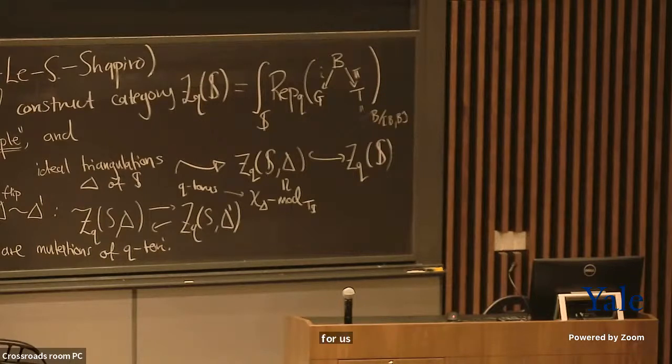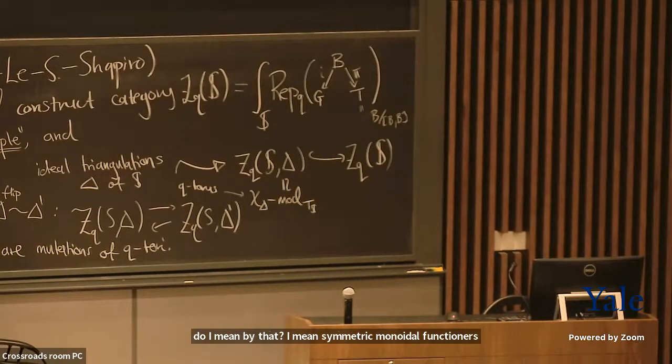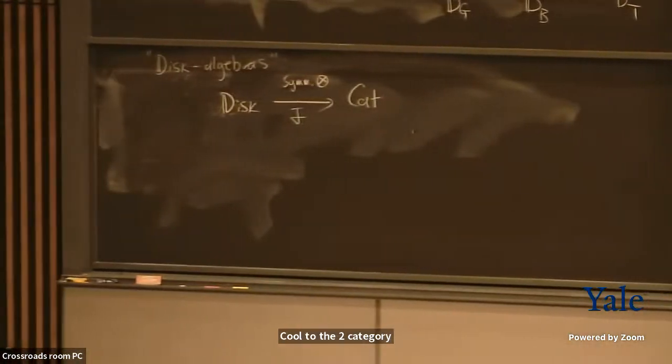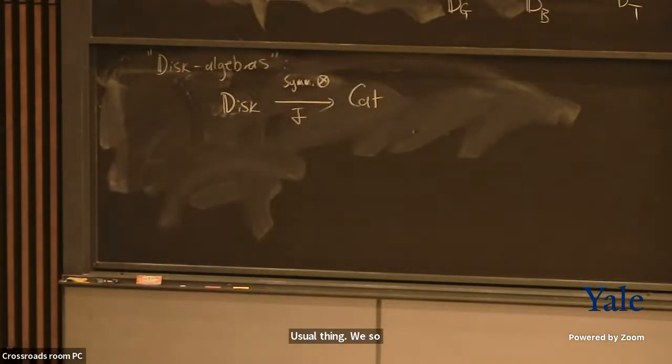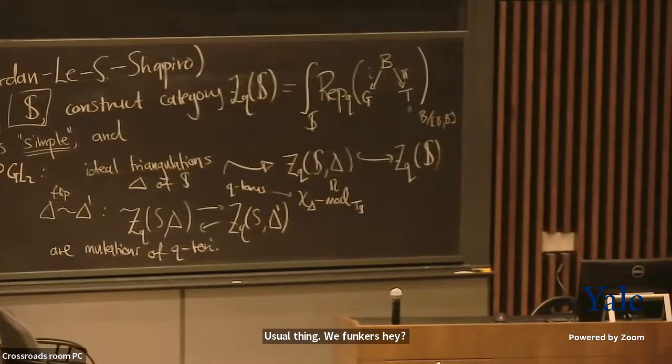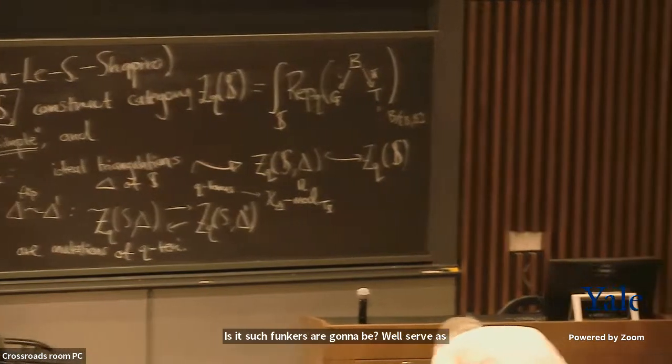I mean symmetric monoidal functors from this disk category, let's call this functor F, to the two-category of k-linear categories. The usual thing: functors as one-morphisms, natural transformations as two. Such functors are going to serve as coefficients for our factorization homology.